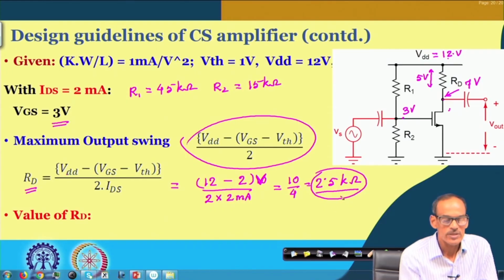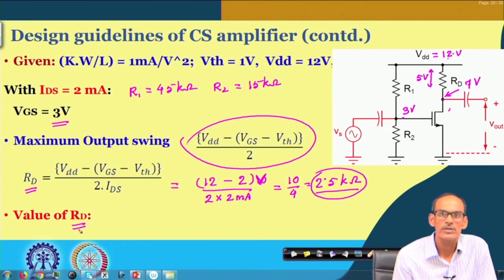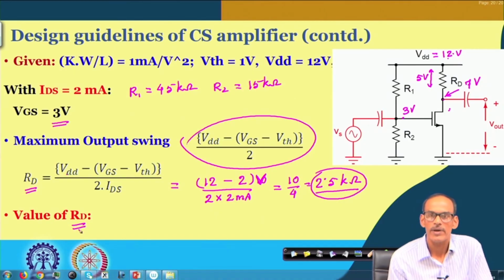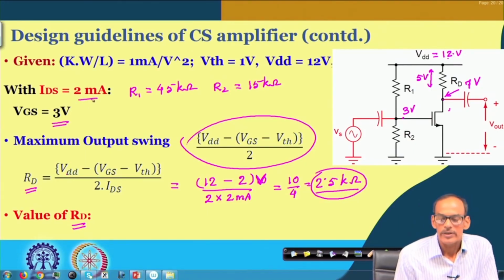So that gives us the RD, and the performance of this circuit, in fact, we already have discussed in our analysis part, where we said that the current was 2 milliampere, right.